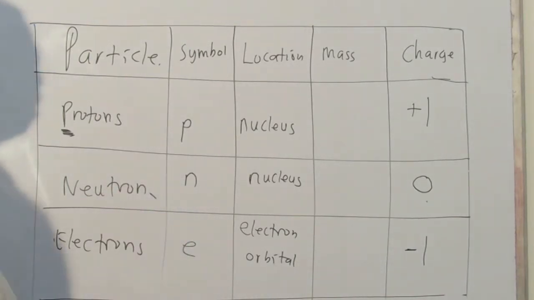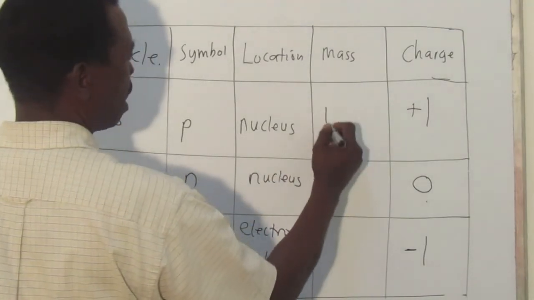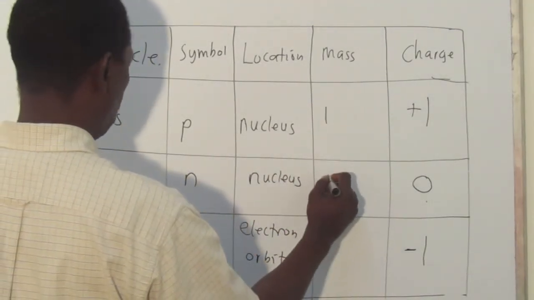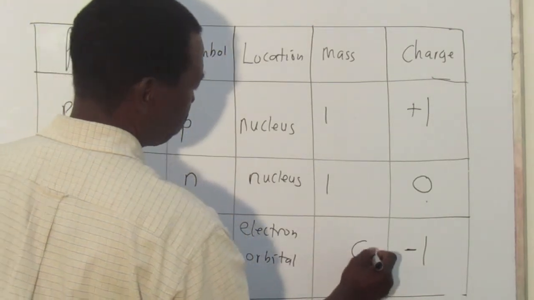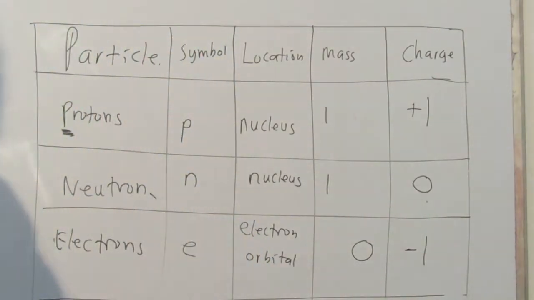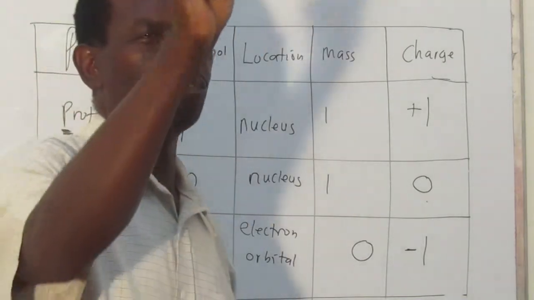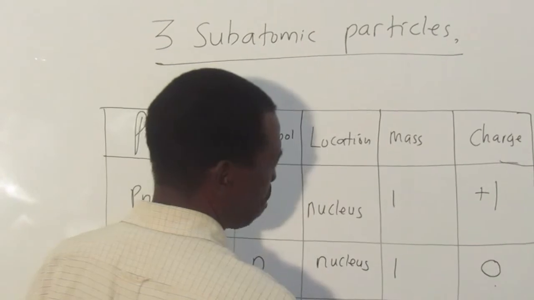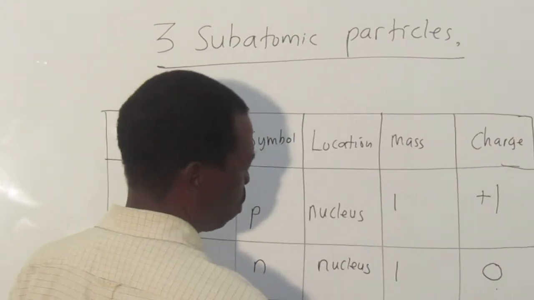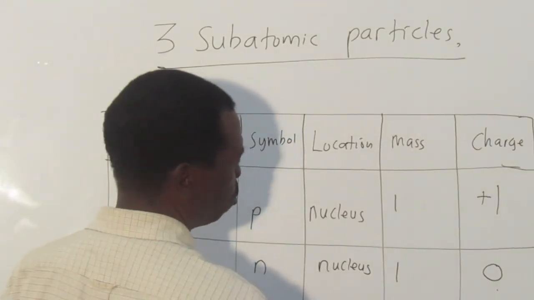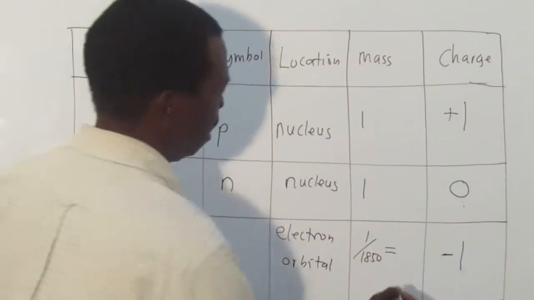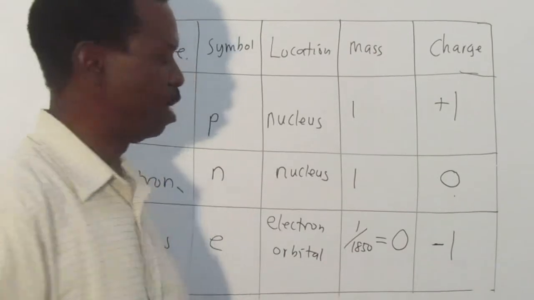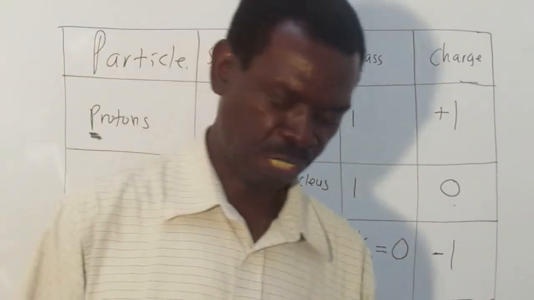The answer to that, we'll talk of 1 for a proton, and for a neutron it will be 1, but for the electron it is going to be 0. In some books they don't call it 0, we talk of 1 over 1850. In some books you write 1 over 1850, and if you use your calculator it will be 0.000 when you round it off. That's the one you can safely say, the mass is 0.